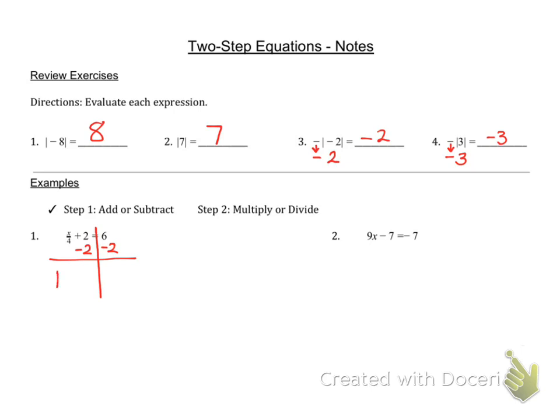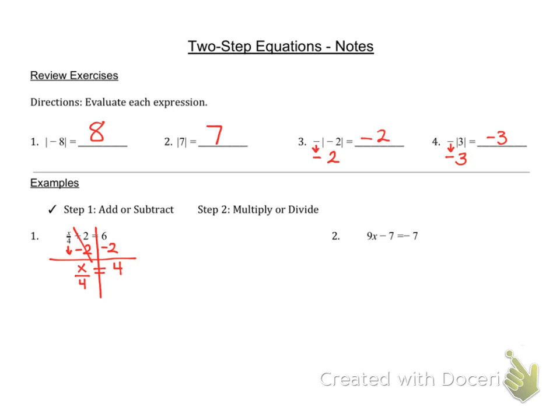Now the +2 and the -2 are going to cancel because +2 minus 2 is 0. I'm going to bring down the x divided by 4. I'm going to bring down our equal sign, and then 6 minus 2 is 4.